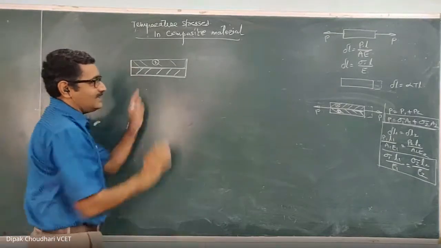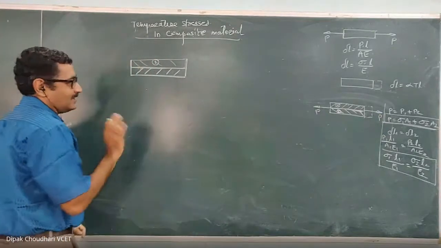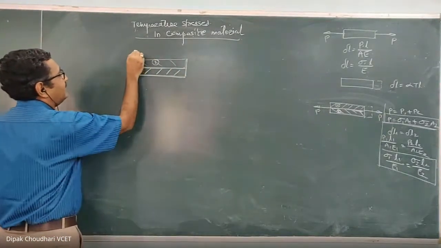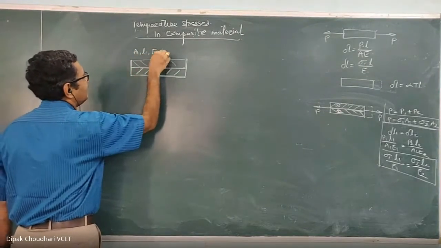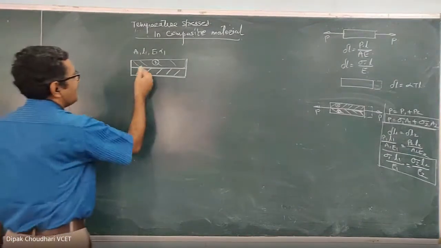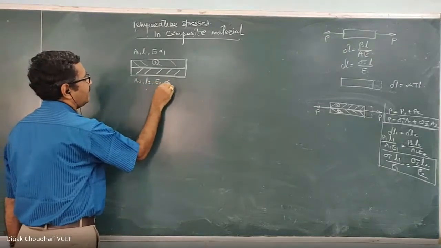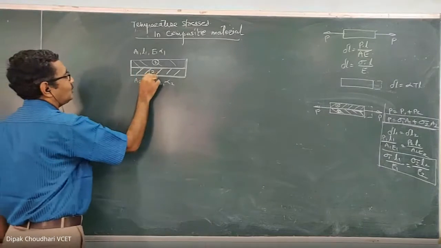Now, we are not applying any external force on this. Let's assume. For material 1, the area is A1, length is L1, modulus of elasticity is E1, and alpha 1 is the coefficient of thermal expansion. Similarly, for material 2, A2, L2, E2, and alpha 2 are the corresponding parameters.